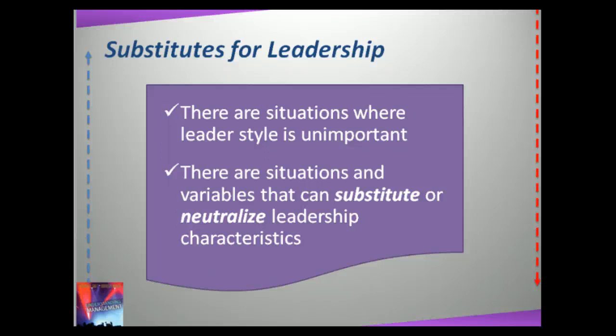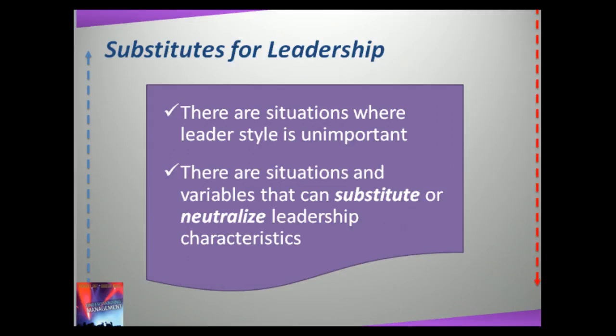So the leader substitute model really suggests that leadership is sometimes unnecessary because substitutes are present. A leader substitute is something that acts in place of the influence of a leader and makes leadership unnecessary. It is a characteristic of a subordinate or of a situation or context that acts in place of the influence of a leader and makes leadership unnecessary.